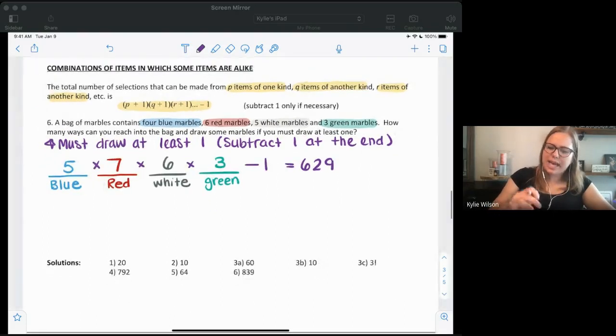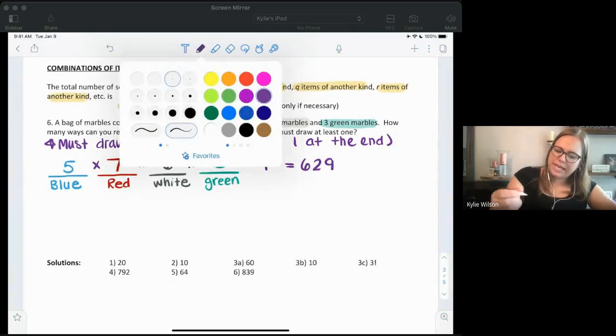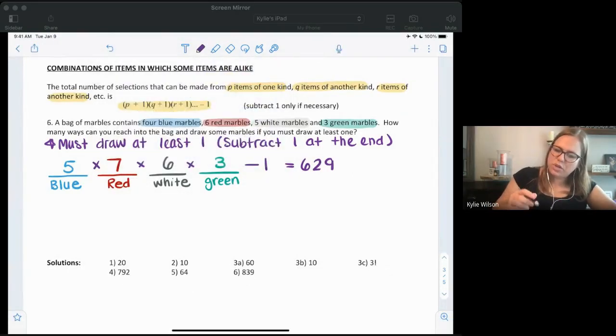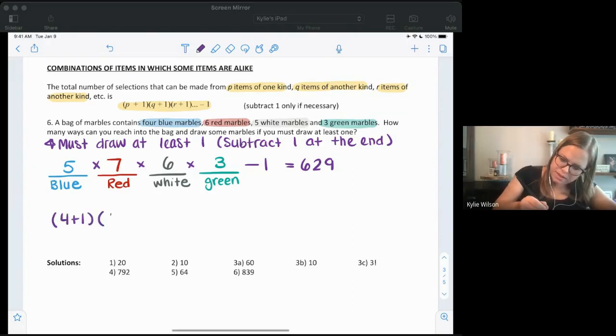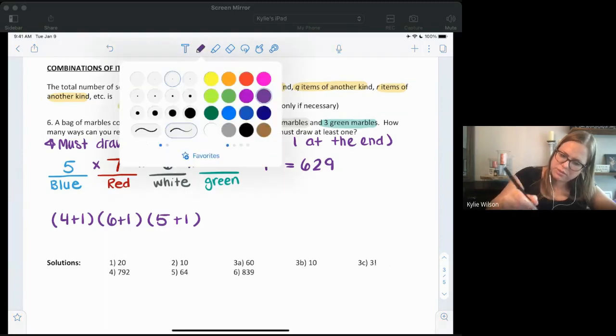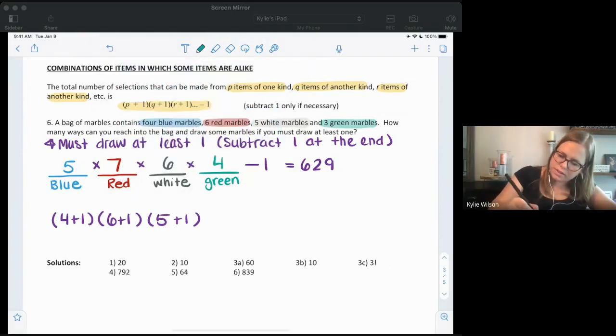The other way that you could do it too is you could use the formula. So for the first one, we have 4 blue marbles, 6 red marbles, 5 white marbles. Oh, here's my mistake. Never mind. That should have been a 4. There we go. Sorry about that.